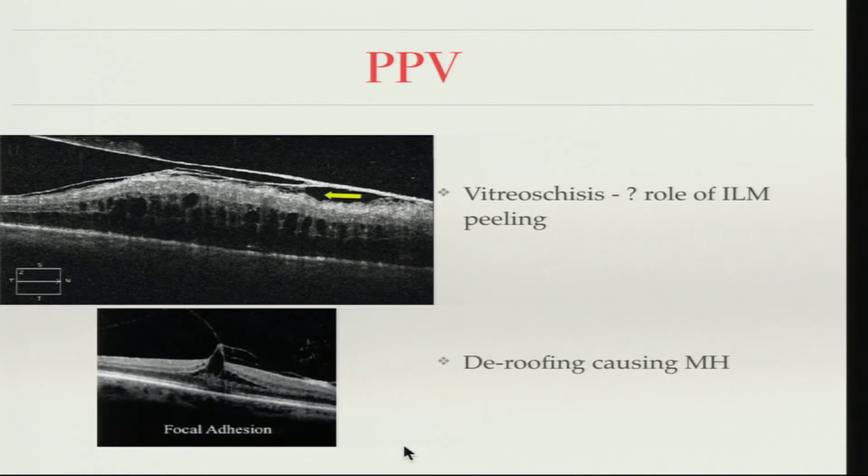But the challenges will be when you have a Vitreoschisis, and whether we need to do an associated ILM peeling along with that. Sometimes you have a very thin-walled cyst, and there's a risk of the cyst breaking and developing into a macular hole.